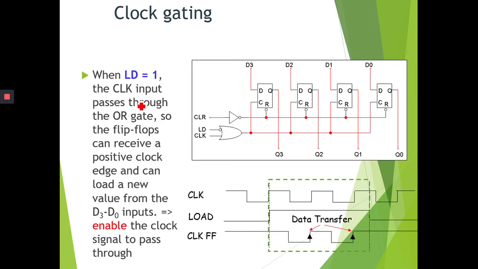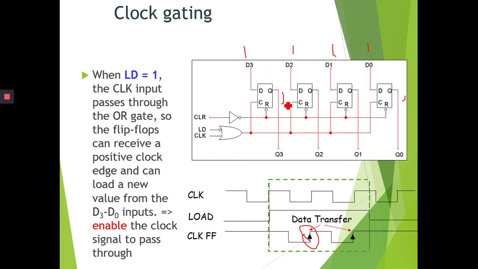Whenever the load signal is 1, we allow the clock signal to go in, and it will update the value of the flip-flop. In our previous example the value is 1001, and let's say the new value is 1111. Whenever the clock signal is high, at this point it is going to update to the new value. The change occurs here.